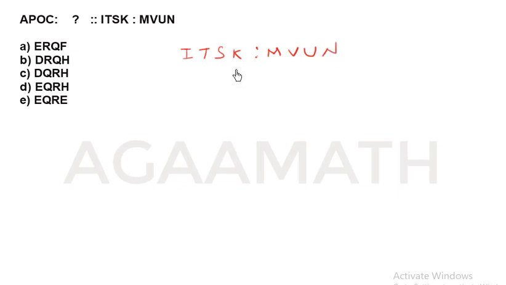ITSK is coded as MVUN. If you see here, K to L, only one letter is the gap. S to V, T, U, two letters are the gap.